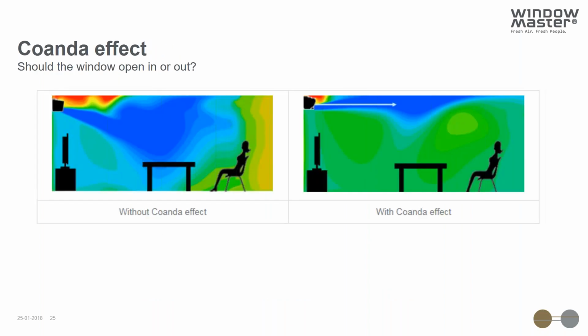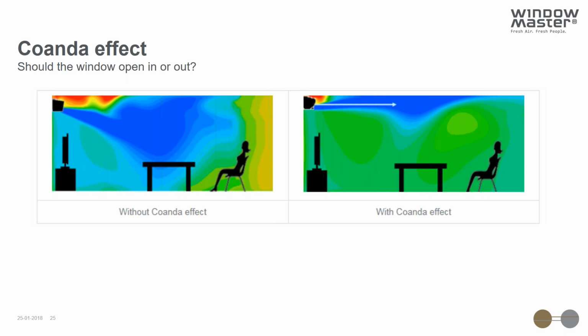One of the reasons that the bottom hung and top hung windows often will be the best way to use natural ventilation is of course the Coanda effect, and that's also why when we have a top hung window, it should optimally open outwards, so you will have the trajectory of the inlet air towards the ceiling.